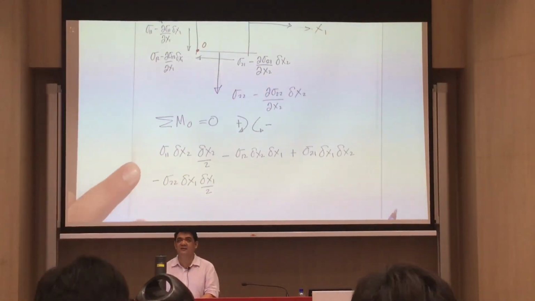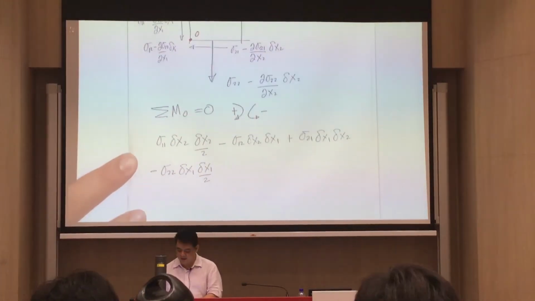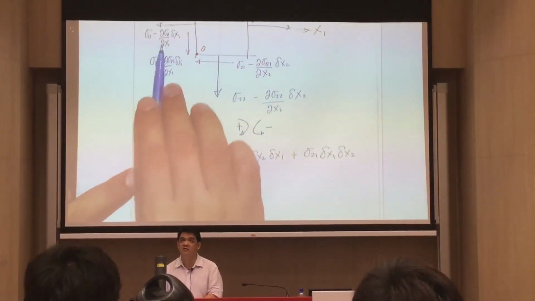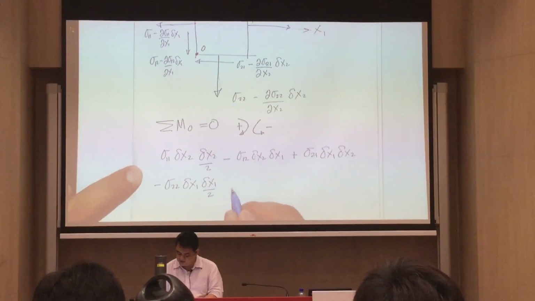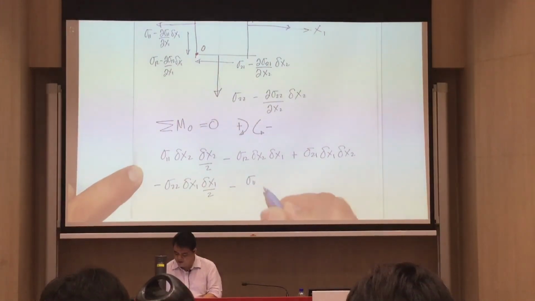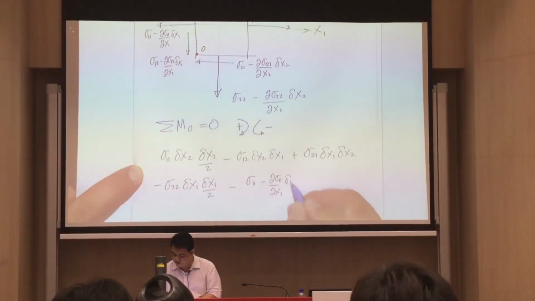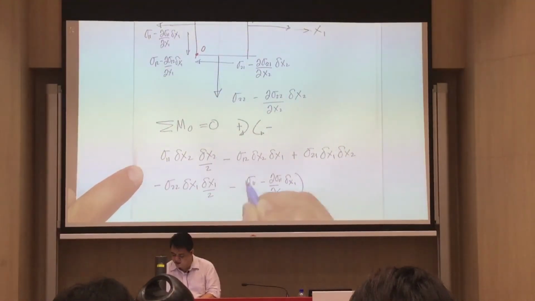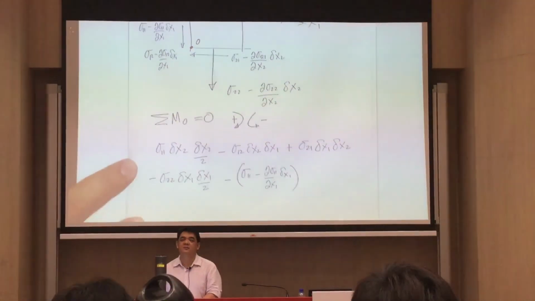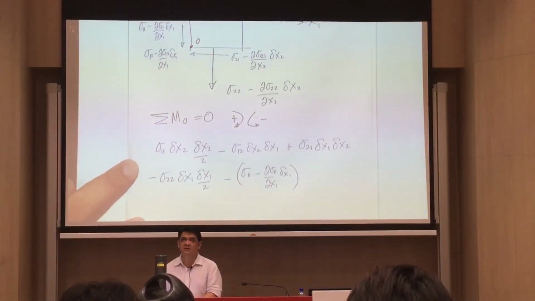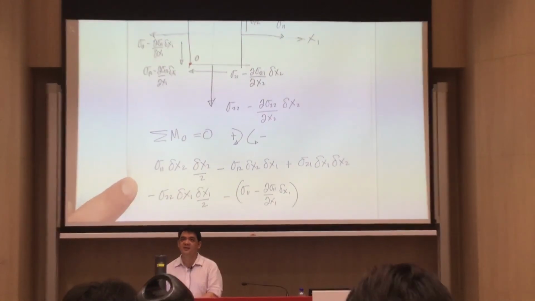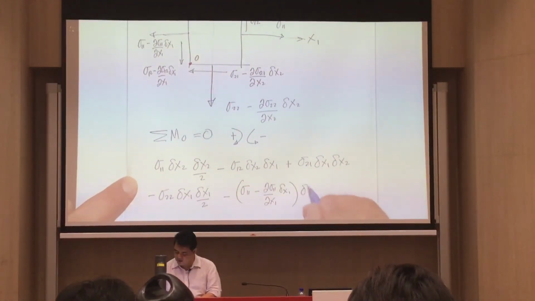Let's look at sigma 1,1, this one here. So this one is minus sigma 1,1, partial derivative of sigma 1,1 with respect to x1, delta x1. Just treat this as one term, one stress term. This is to be multiplied by delta x1.